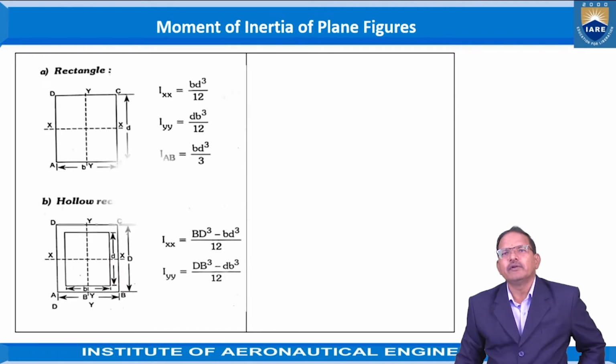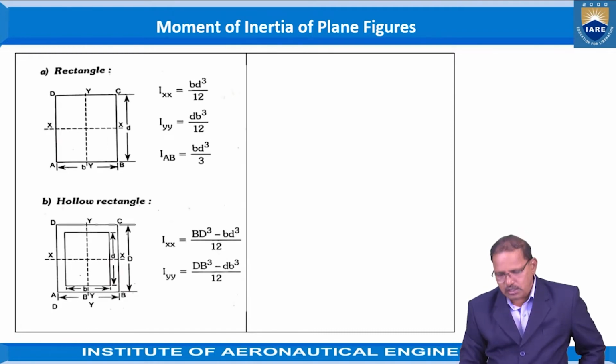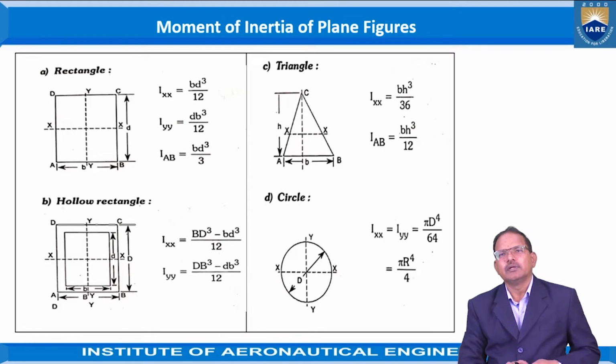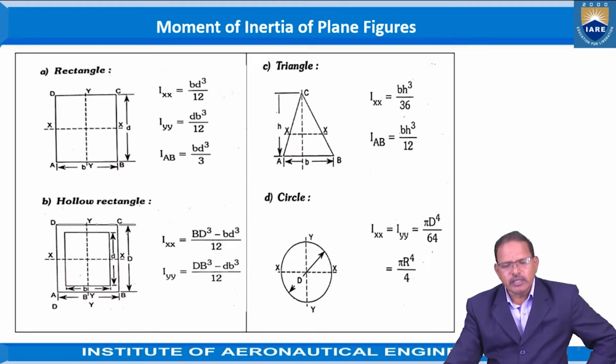Now, before discussing further, we'll find the moment of inertia of certain regular figures. A regular section, as I already told, may be a rectangle or hollow rectangle, a triangle, circle, semicircle, quarter circle, and so on. First, the moment of inertia of a rectangle about its central axis.